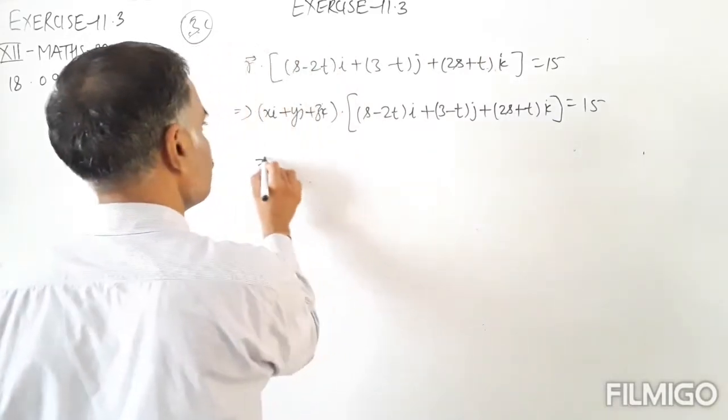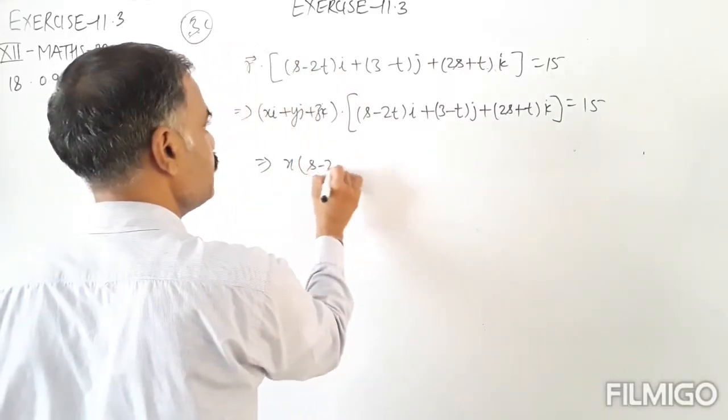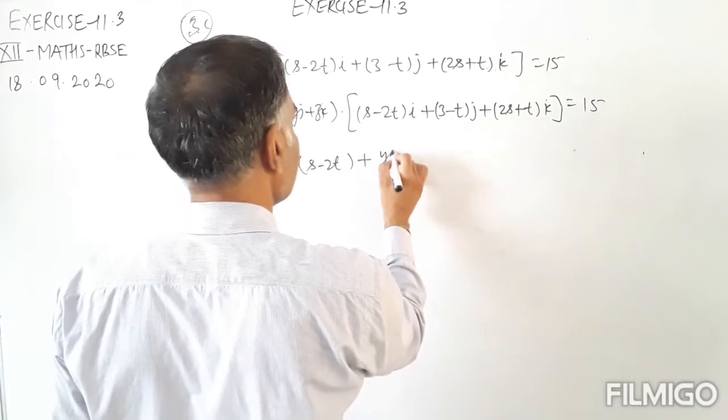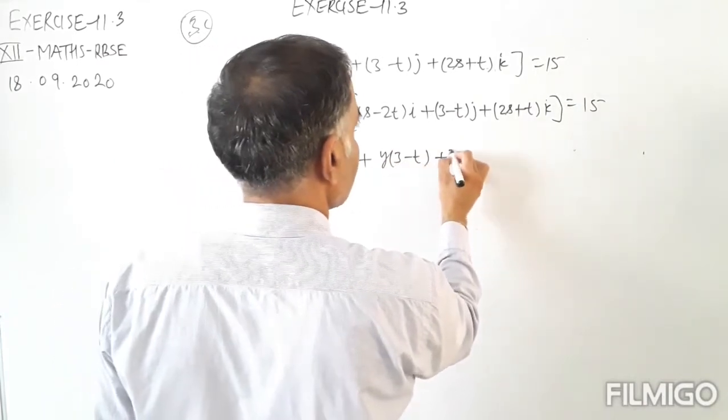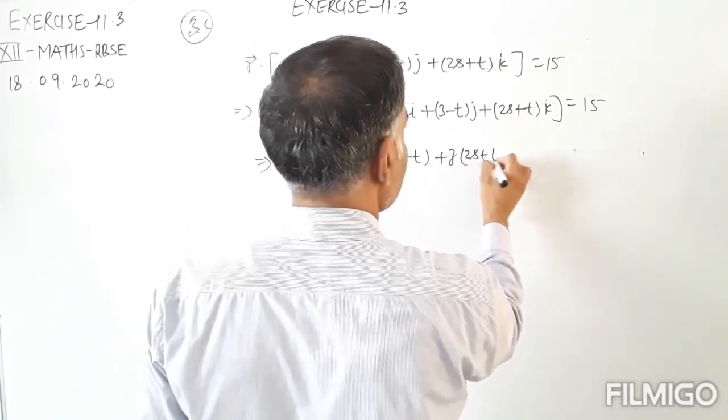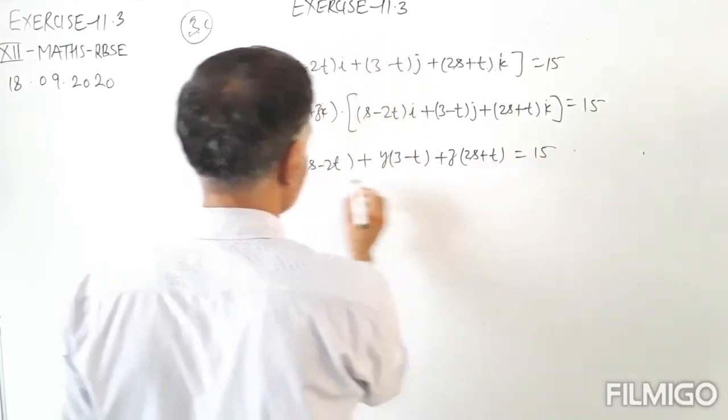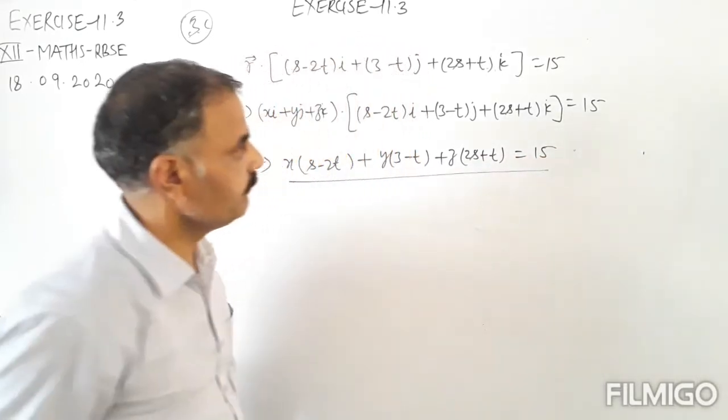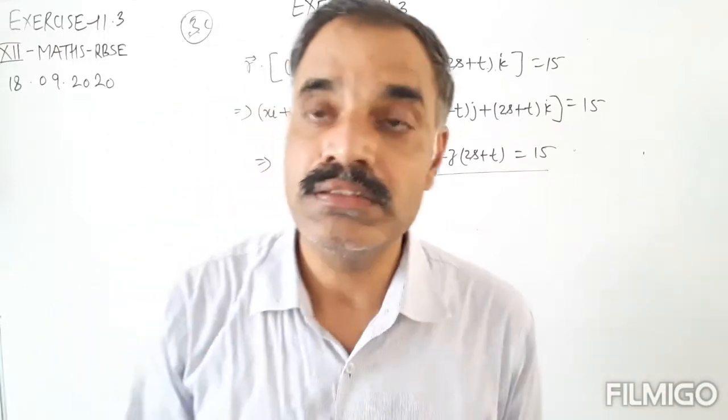So x into (s minus 2t) plus y into (3 minus t) plus z into (2s plus t) is equal to 15. This is the equation of the plane in Cartesian form.